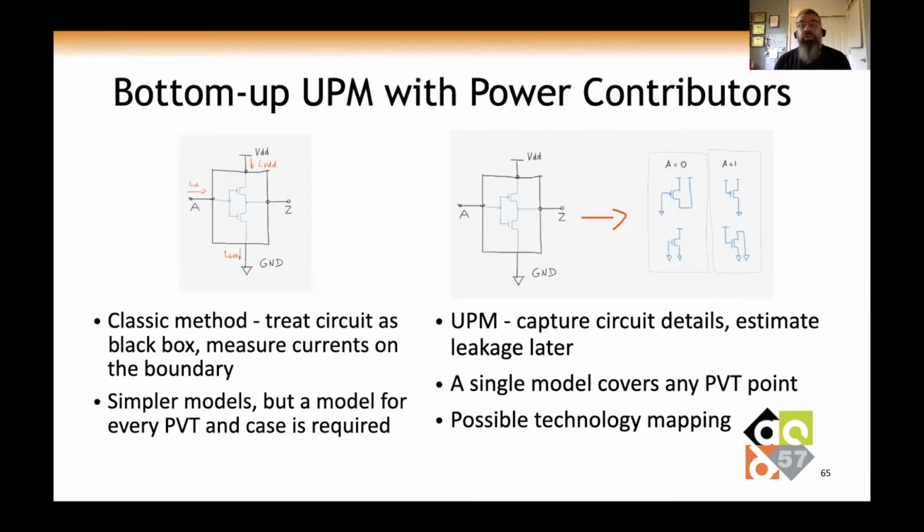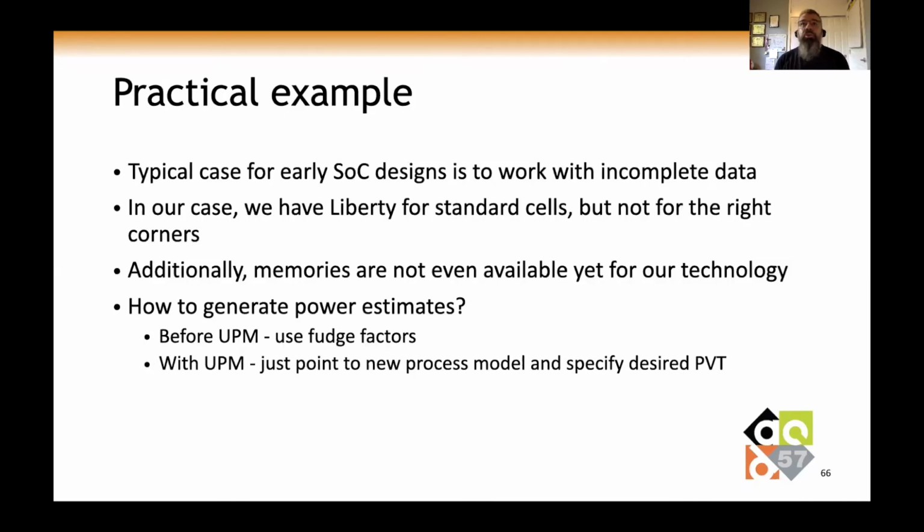We already covered power contributors. Power contributors allow us to bind process models much later in the flow, which in turn allow us to perform estimation of power to any PVT point we like. While working on this tutorial, we encountered the same problem that any SoC designer will encounter in their normal work.